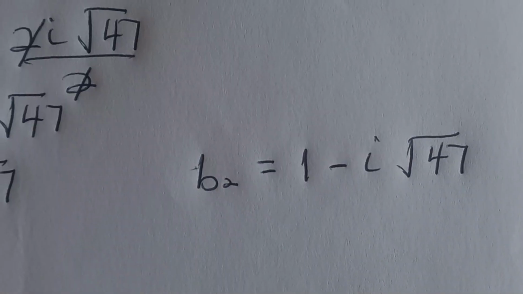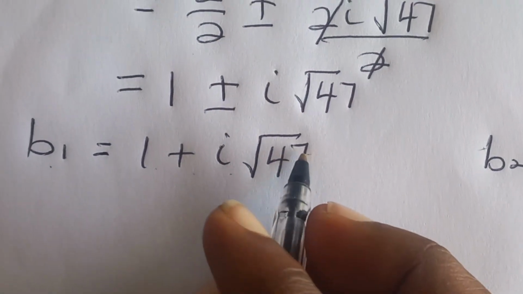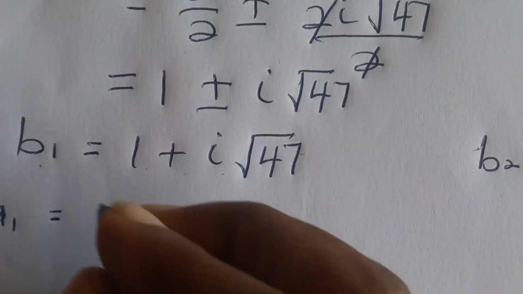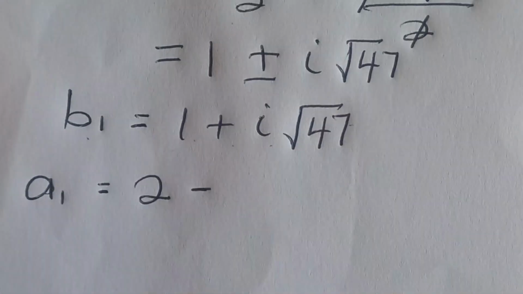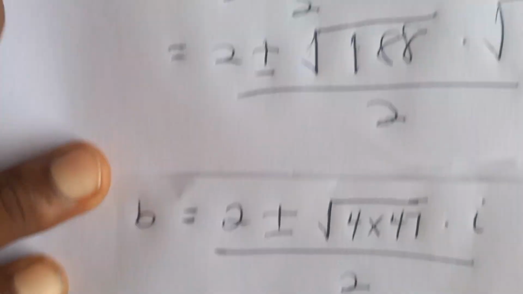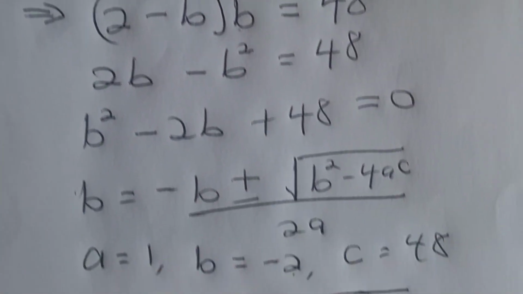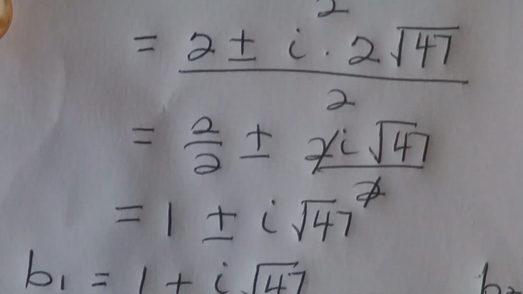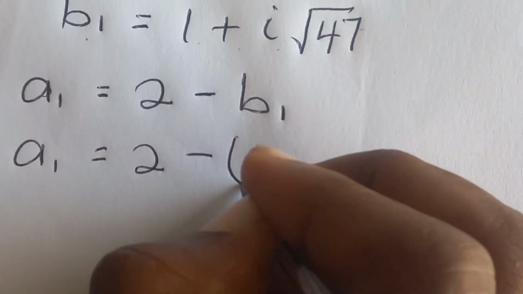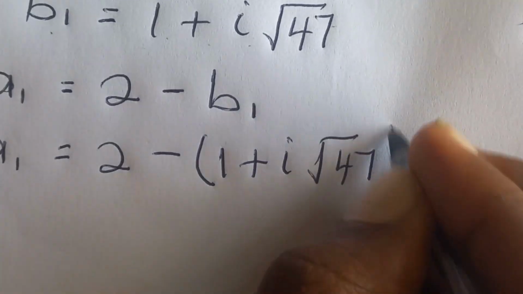Now, from here, when b1 is equal to 1 plus i root 47, to get a1, we are using equation 3. So let me write equation 3 with b1, like this. So a1 is equal to 2 minus, in brackets, 1 plus i square root of 47.